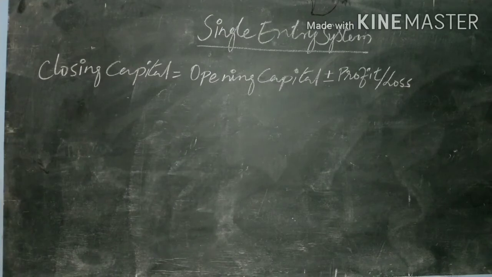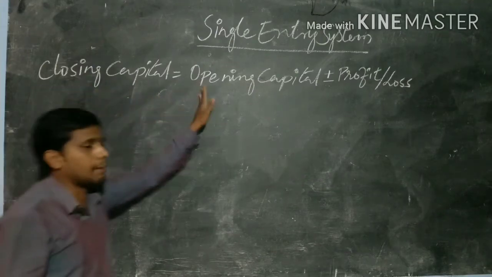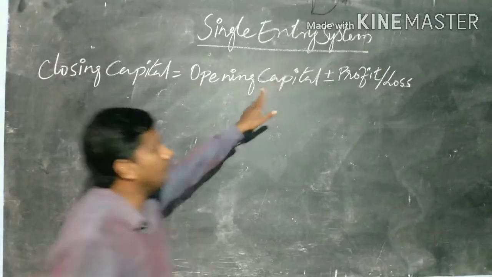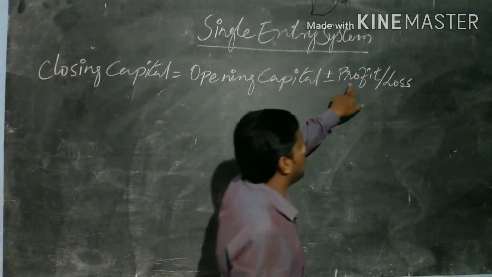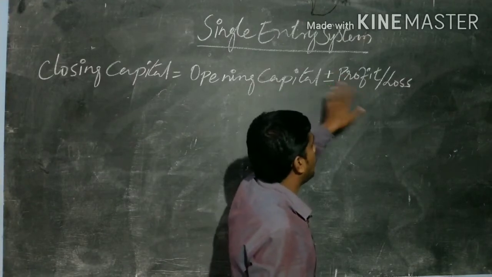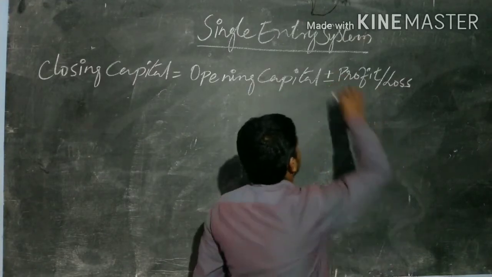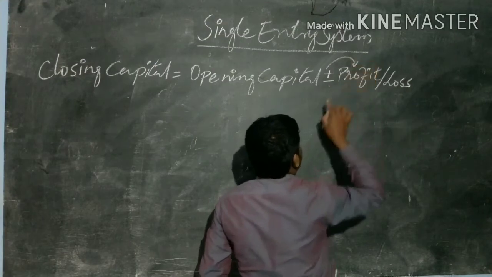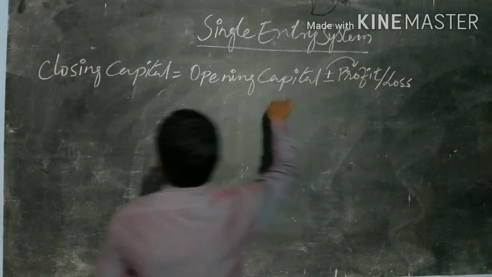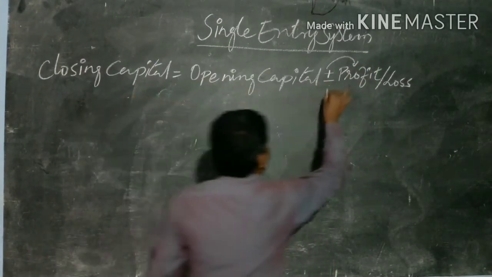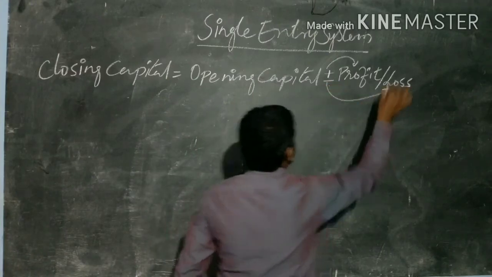For example, if in the question we need to calculate the closing capital and the opening capital is given, if profit is given we need to add, if loss is given we need to deduct. If profit is given, we add it to the opening capital, then we get the closing capital. If loss is given in the question, we need to deduct it.